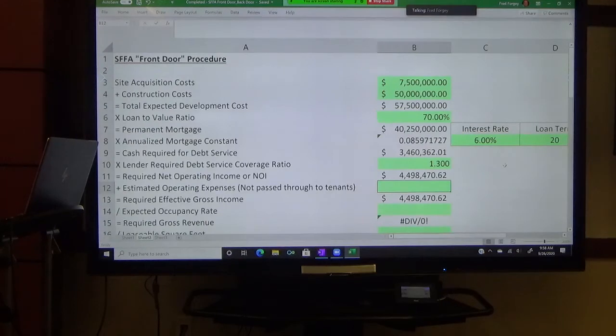So, if you're choosing to pass on all of these expenses to the tenants, you don't really need to enter a whole lot here. But if you're going to keep some, let's just say that we put in, I don't know, 300,000.